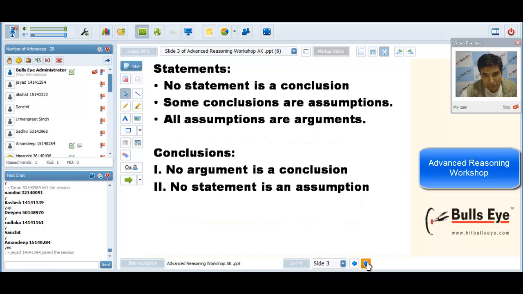So this is the first question. Some statements are given and we have to tell whether the conclusions follow or not. I'm giving you around 2 minutes, then we'll discuss.